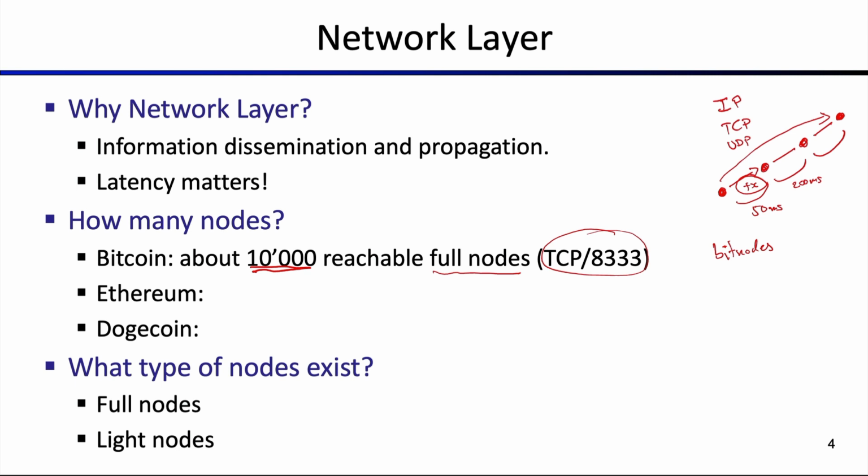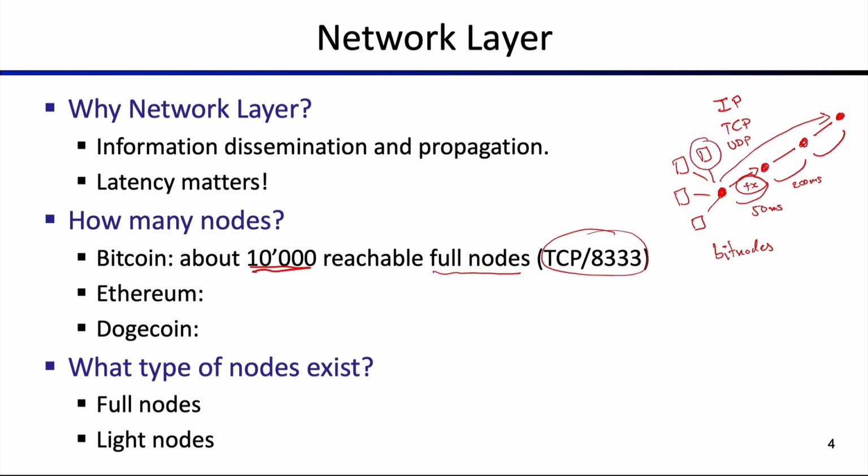These are naturally just the reachable nodes, reachable meaning, as I said, they have an open port. It's highly likely that, if this is a reachable node, there's maybe a light client connected, so let's assume this is a mobile phone. Light clients, for example mobile phones, may connect to this full node. And these light clients obviously don't expose any port, right?